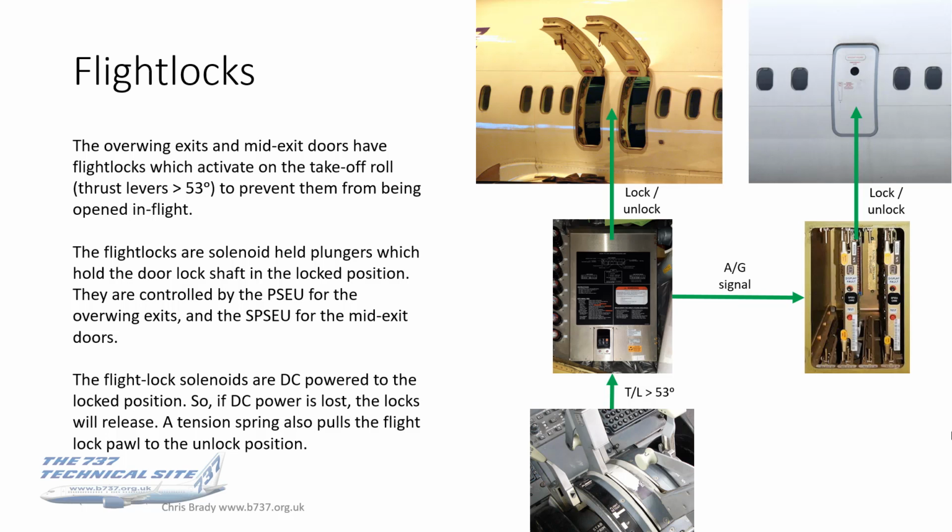Those solenoid held plungers are controlled by the PSEU for the overwing exits and the SPSEU for the mid-exit doors. They're DC powered to the locked position, so if DC power is lost, the locks will release. A tension spring also pulls the flight lock pull to the unlocked position.